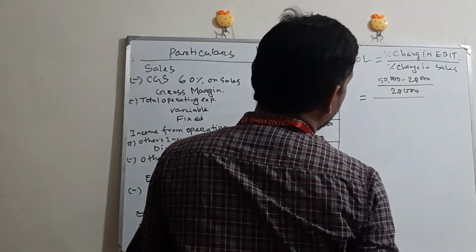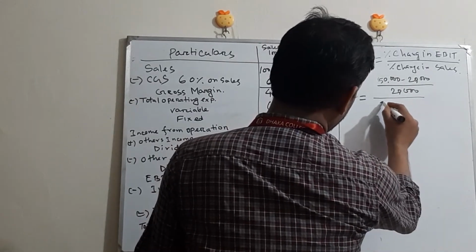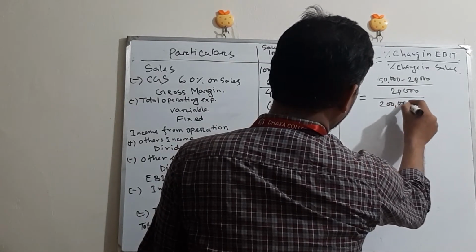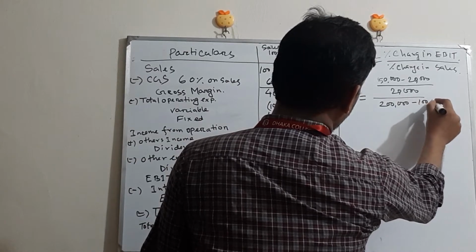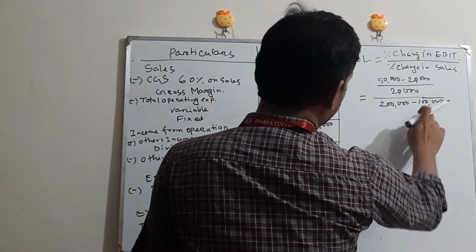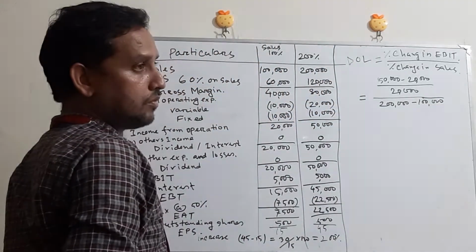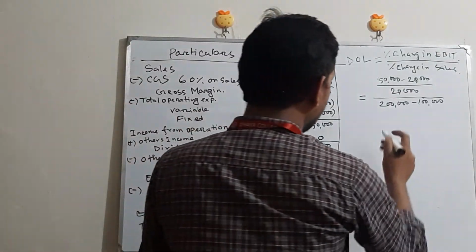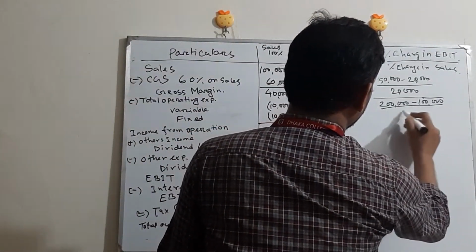Here the change in sales is 2 lakh taka minus 1 lakh taka, from 1 lakh to 2 lakh, divided by 1 lakh.